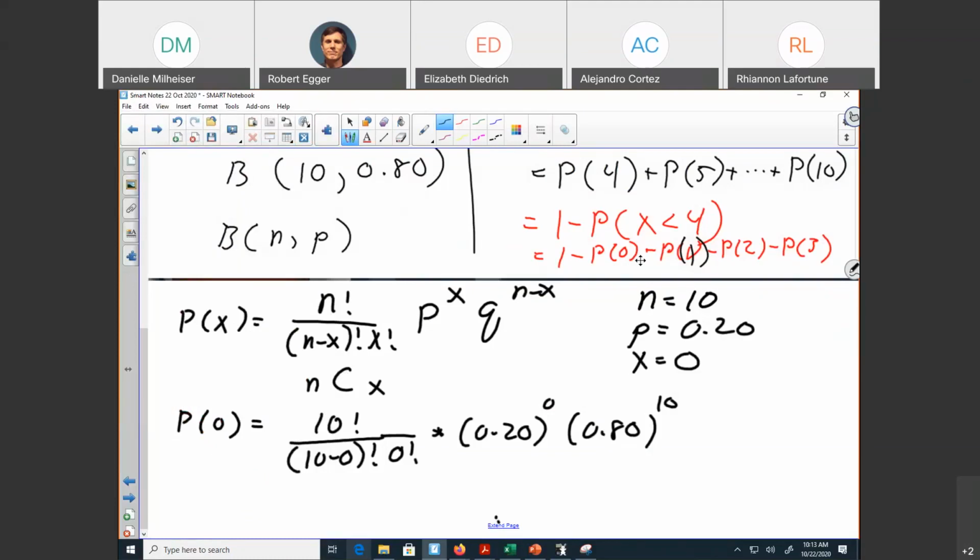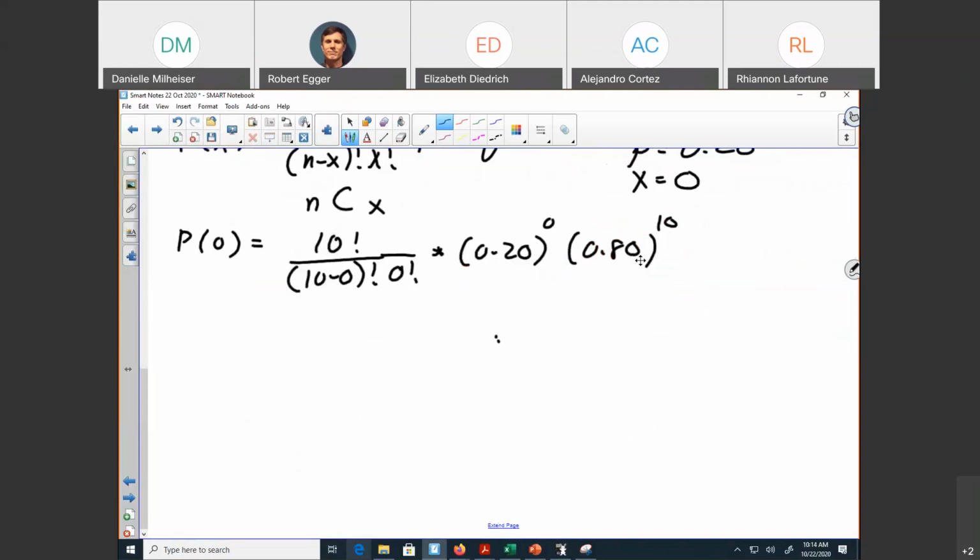So let's see. Basically it's 10 factorial over 10 factorial, which is 1, times anything raised to the 0 power is 1, times 0.80 to the 10th, which comes out to 0.1074.